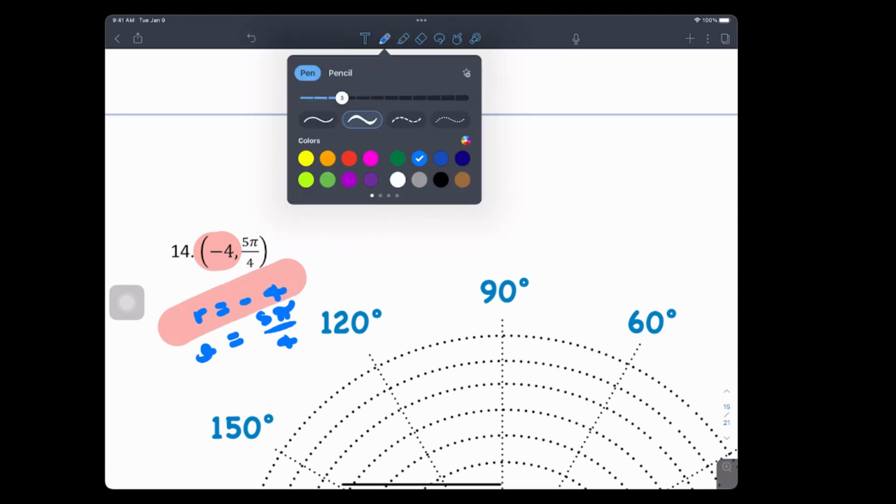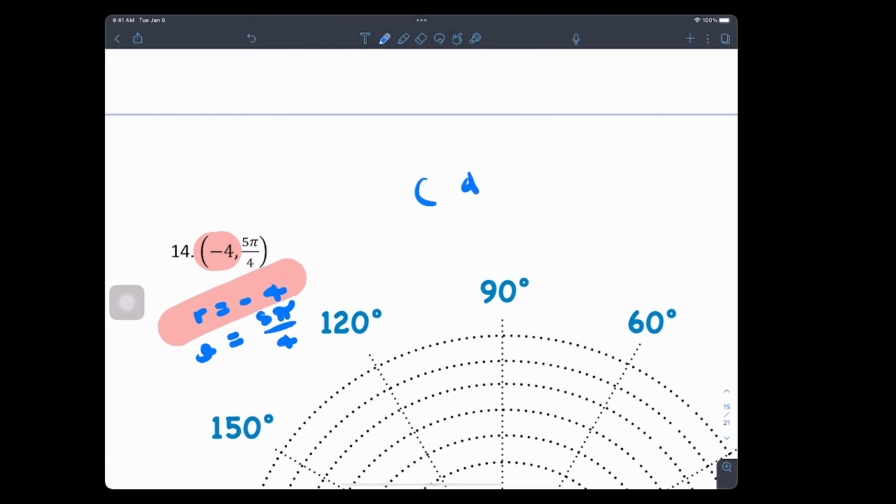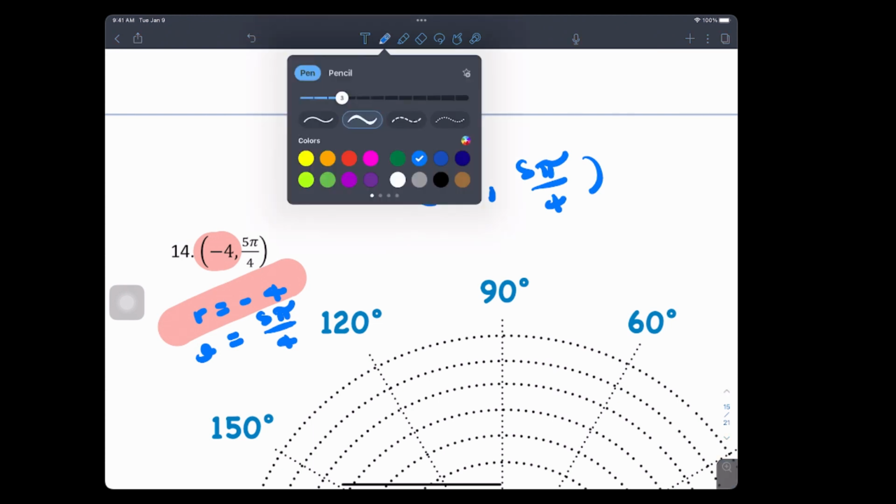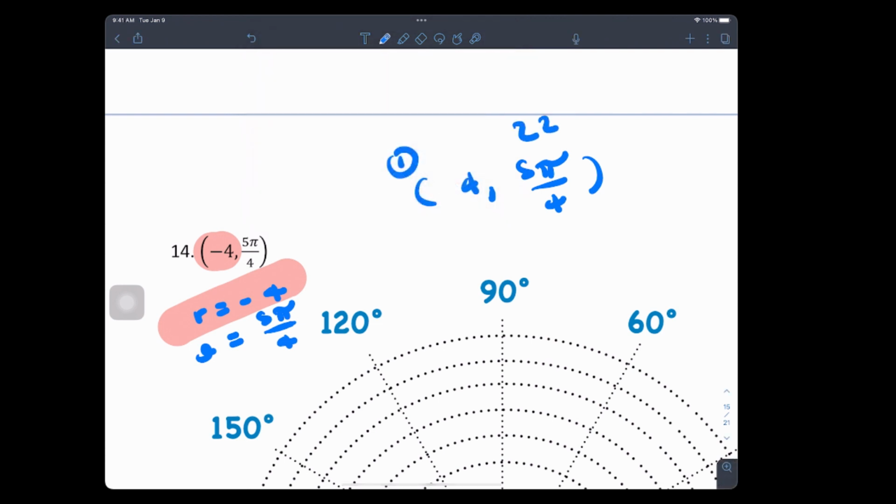You want to plot what first? 4, 5 pi over 4. That's what you plot first. And then you're going to look at the location opposite the pole. But what is pi over 4 anyway? Is that 45 degrees? What's 5 times that? Is that 225?